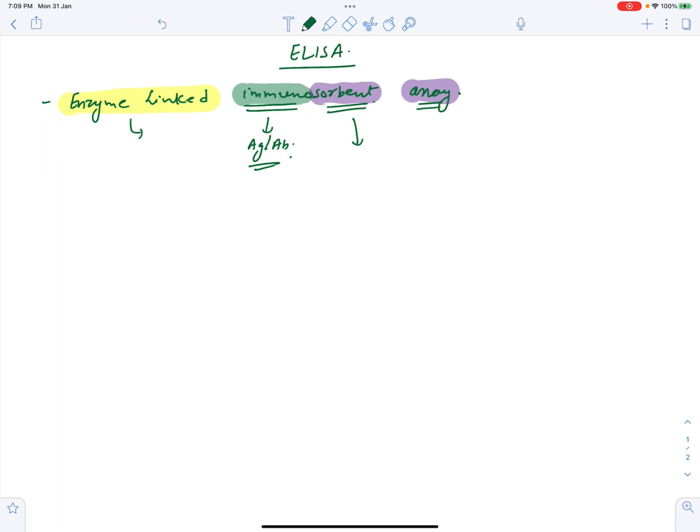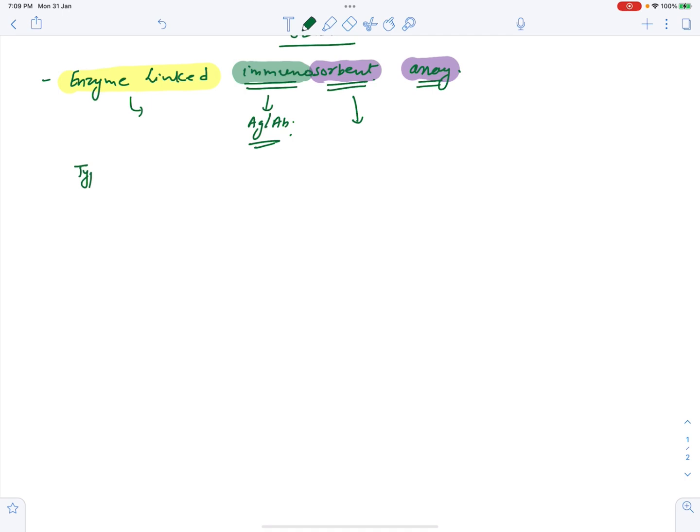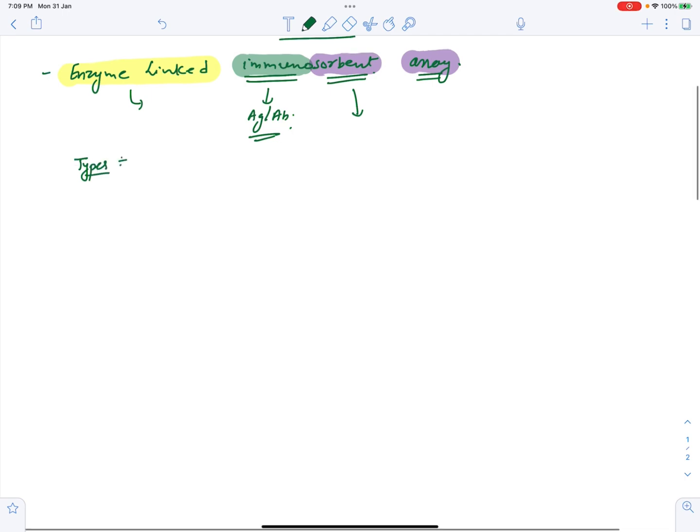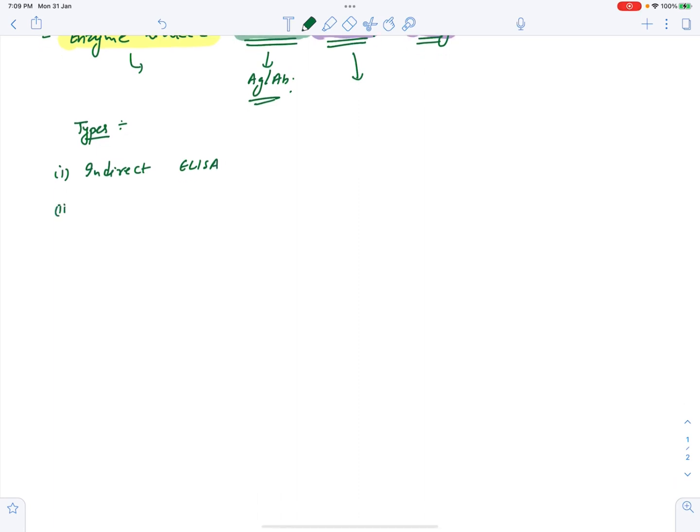If you see the types of ELISA, it could be either an indirect ELISA, a sandwich ELISA, or a competitive ELISA.